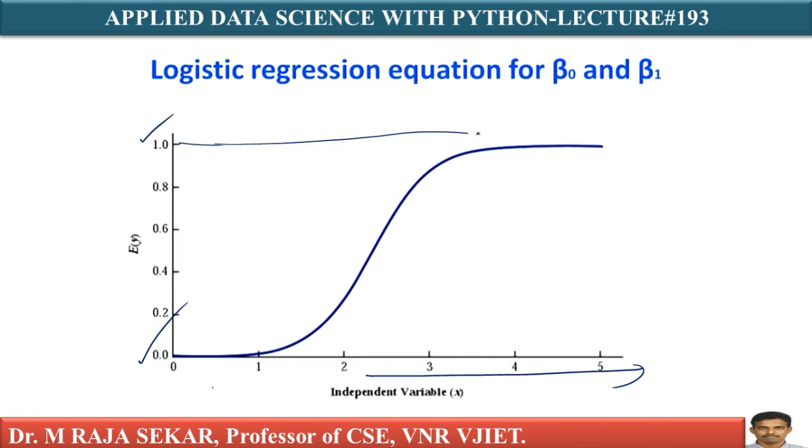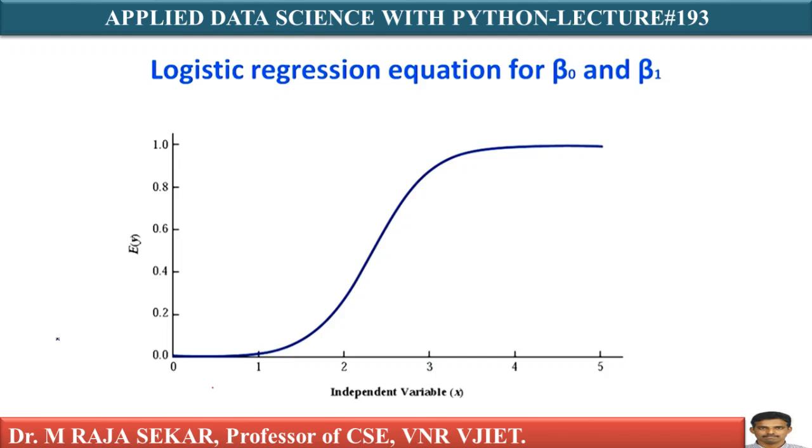Let me repeat. The value of E of y gradually approaches 1 as the value of x becomes larger, and the value of E of y approaches 0 as the value of x becomes smaller. As I told you, the value of E of y represents probability, isn't it?